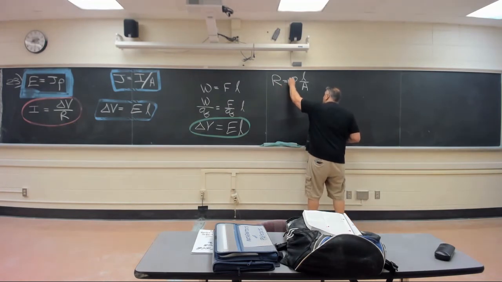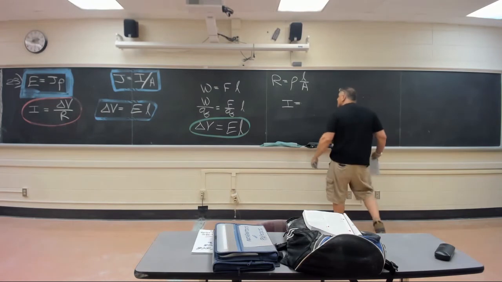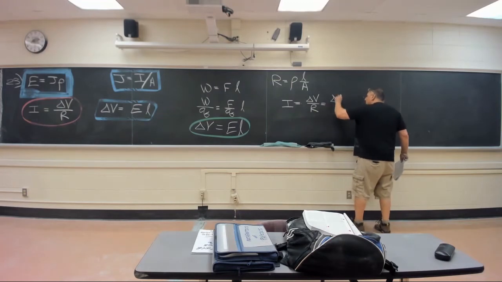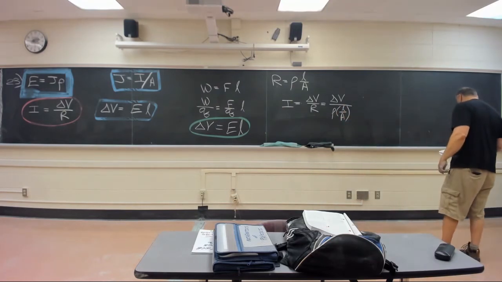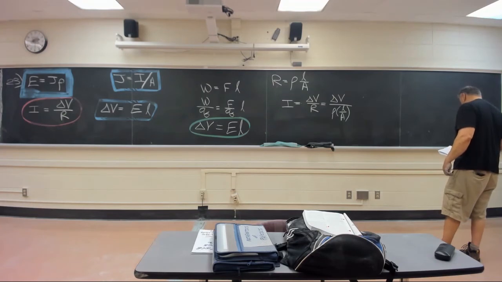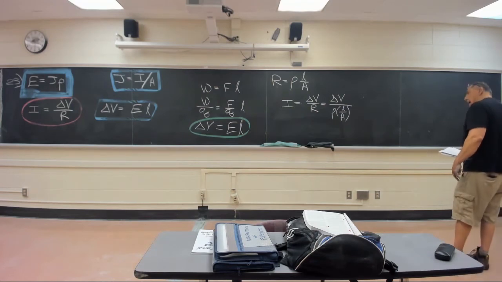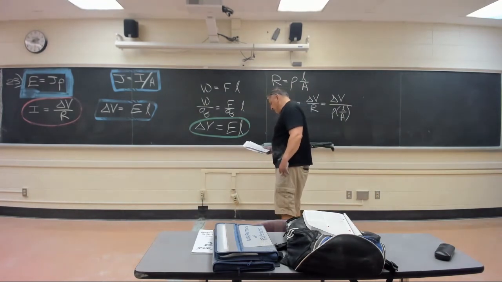If R equals rho L over A, then I is delta V over R, the same as delta V over what R is equal to, which is rho L over A. Trying to argue this with myself.